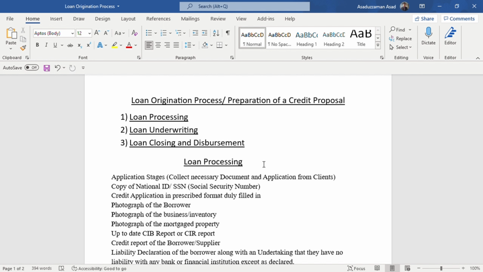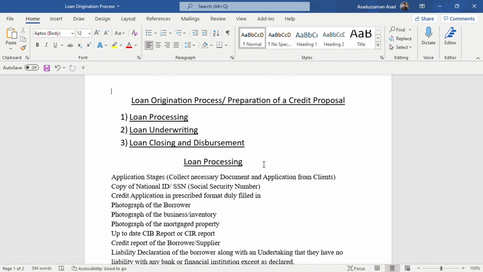The necessary documents are such as the loan application form completely filled by the borrower or client, a copy of the national ID card, SSN, I mean social security number, driving license, and other government issued cards.